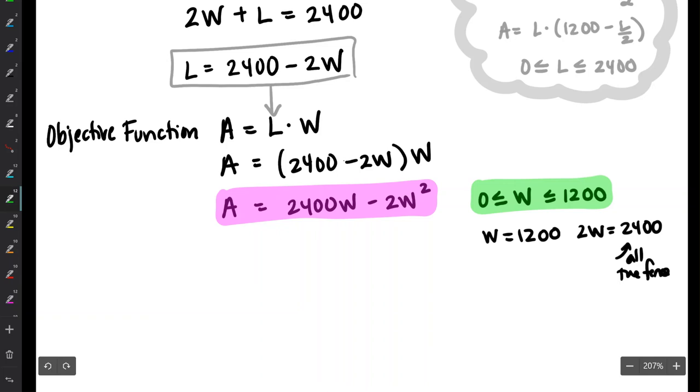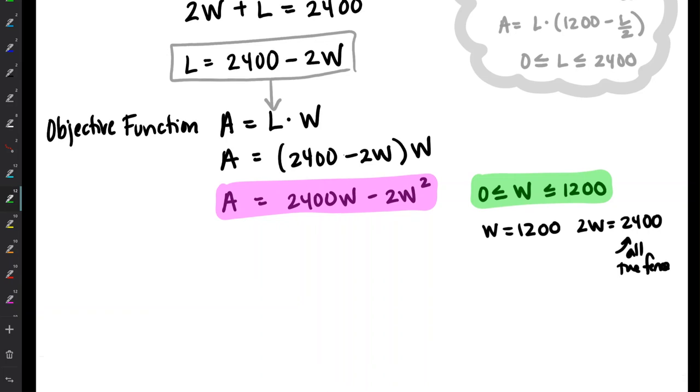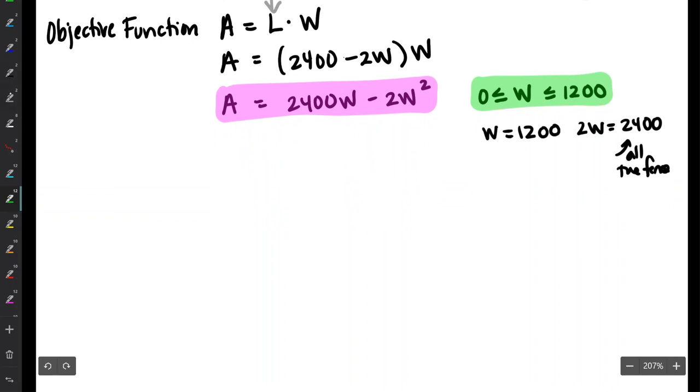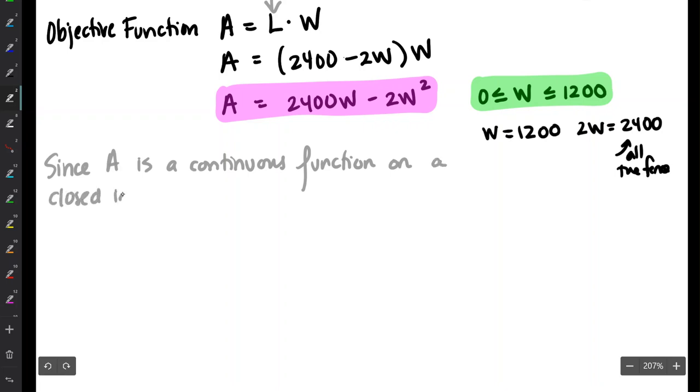Okay, we're going to use the closed interval method to maximize that objective function. Since A is a continuous function, it's a polynomial on a closed interval, what are we going to do?